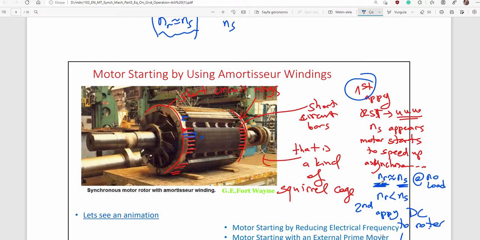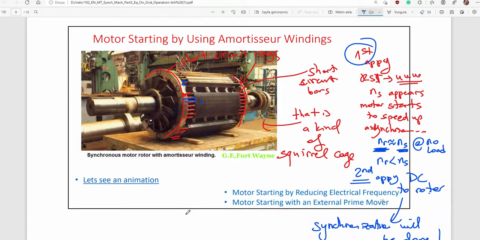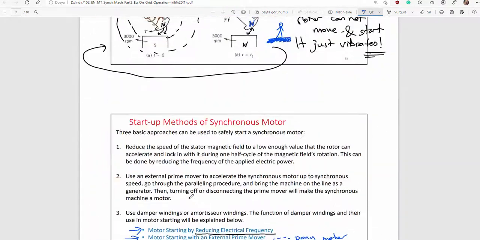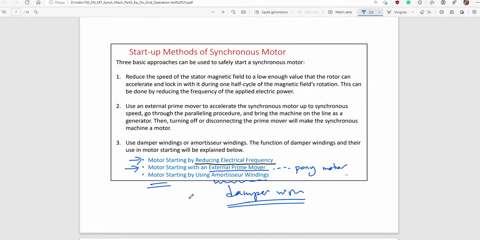After reaching rotor speed close to synchronous speed, apply DC current to the rotor, and then synchronization will be done and the machine operates as a synchronous motor. You should remember this. I have mentioned 3 methods can be used for the starting process of a synchronous motor.